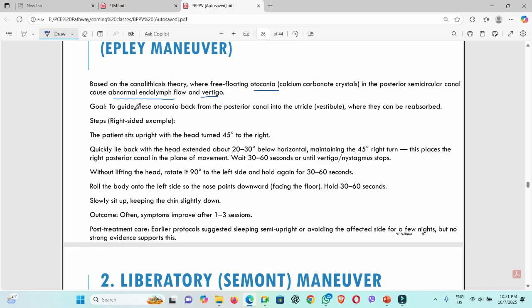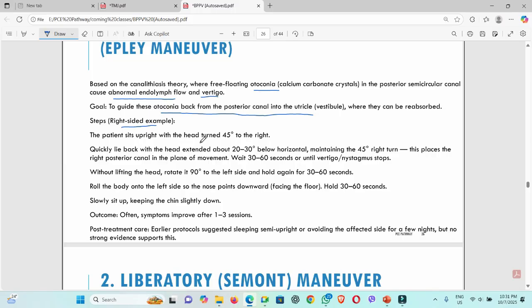Now, goal of this maneuver is to guide these otoconia back from the posterior canal into the vestibule, where they can be reabsorbed.